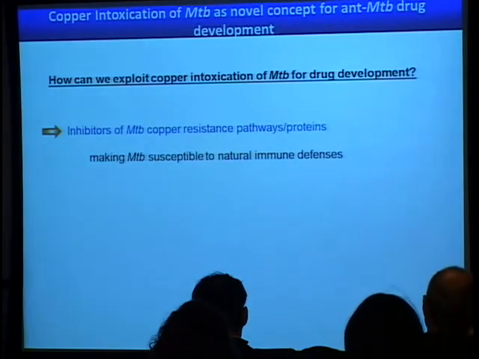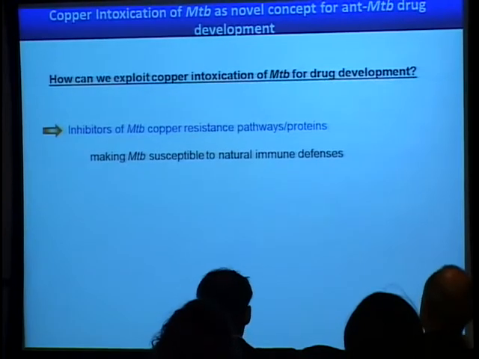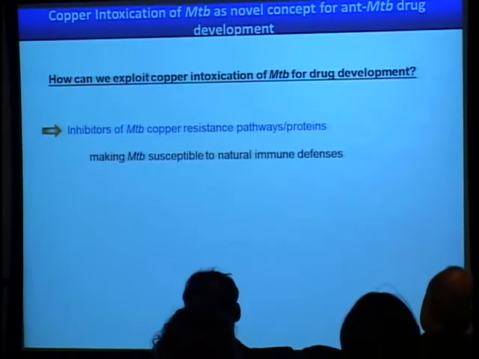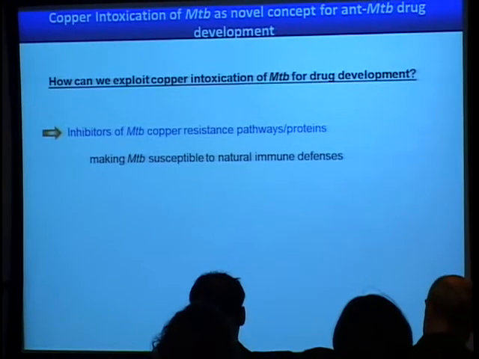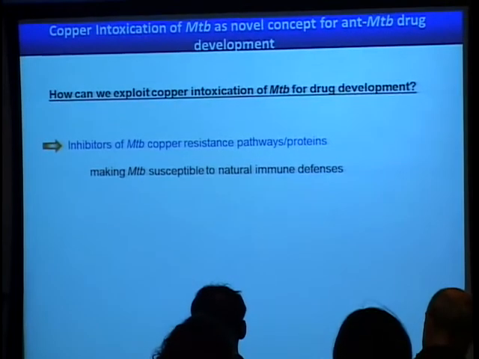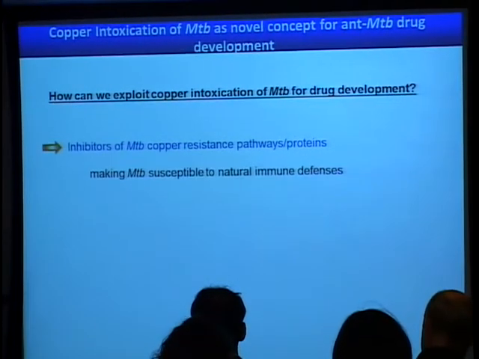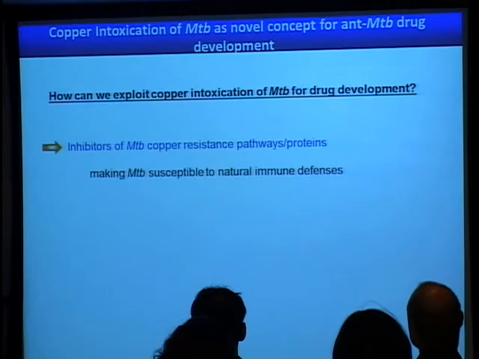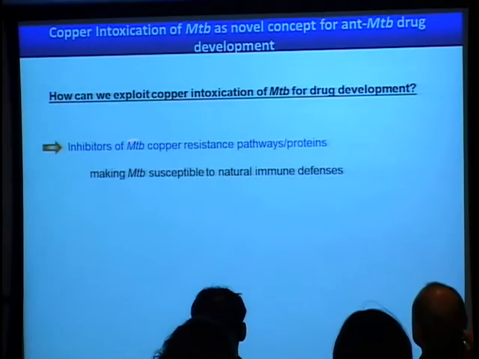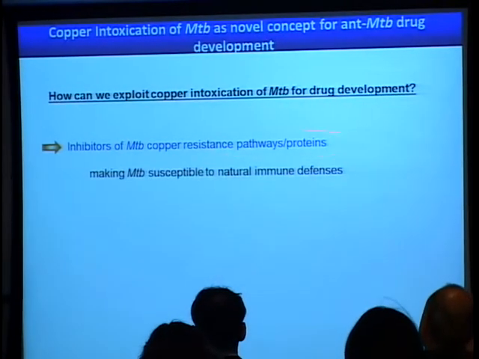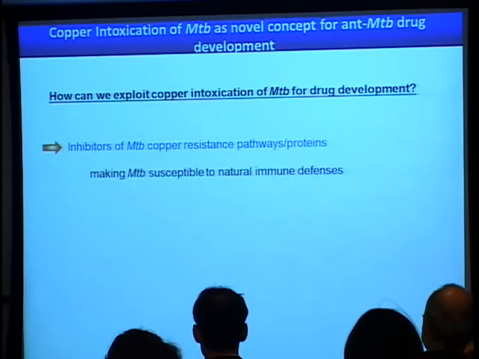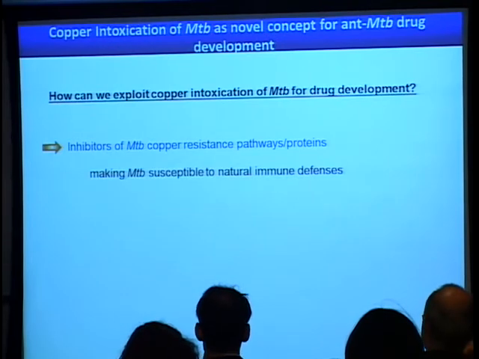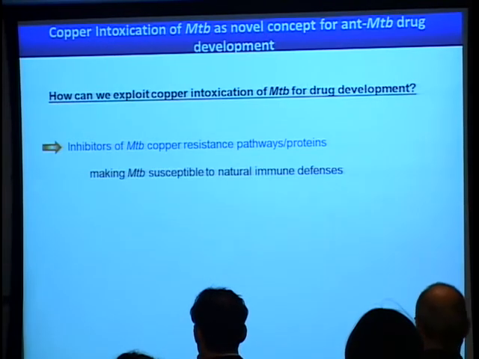Since copper is successfully employed by the innate immune system against bacterial pathogens, we were thinking of ways to exploit copper intoxication of Mycobacterium tuberculosis for drug development. The obvious way to go is to look for inhibitors that specifically inhibit copper resistance pathways or proteins of Mycobacterium tuberculosis to make it more susceptible to the copper-dependent innate immune functions.